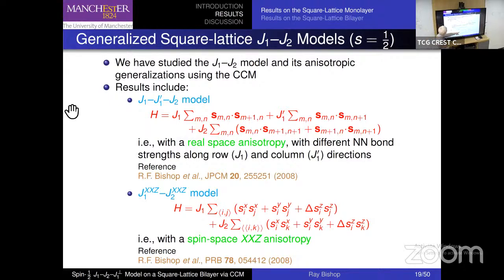You can change in J1 and J2, instead of making this an isotropic Heisenberg, you can call it what's called XXZ. So the XX and the YY are the same strength, but the ZZ you give an extra factor delta. And so when delta is equal to 1, you're back to the original model, or when J1 is equal to J1 primed, you're back to the original model.